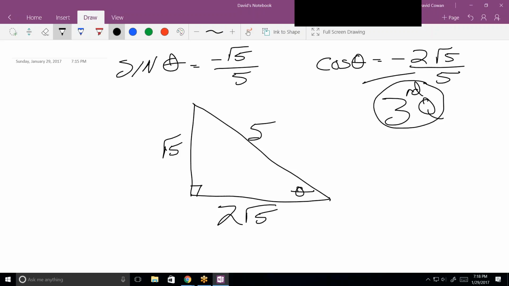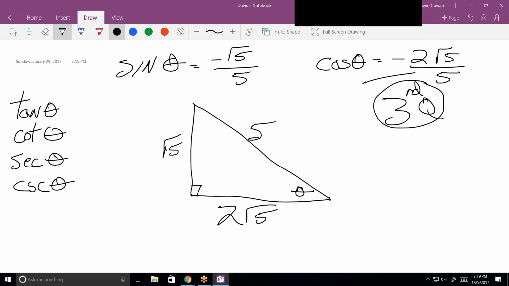Okay. Now we have the triangle dimensioned. Now the other 4 are easy if you just read the triangle and know what quadrant you're in. So what's the tangent of theta in this triangle? 1/2.